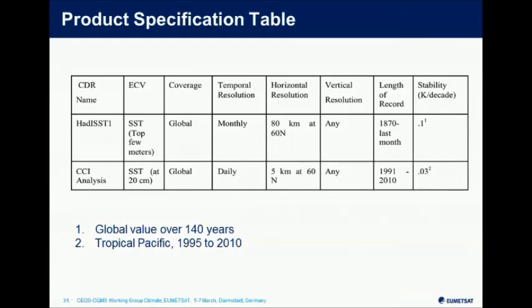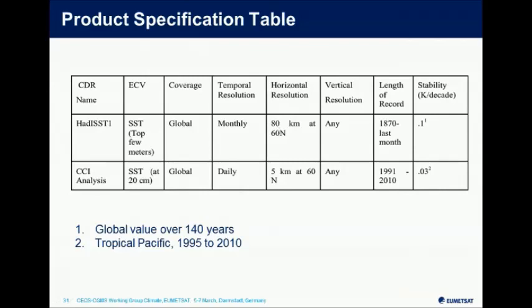It's infrared based, so they know that the emission is coming from the 20 centimeter level, or the peak information is coming from 20 centimeters. And for both data sets the coverage is global, so it's covering the North Sea, so happy. And then the temporal resolution for the first data set is monthly, and the CCI is daily. And the horizontal resolution: we want to look for the horizontal resolution at the region of interest.